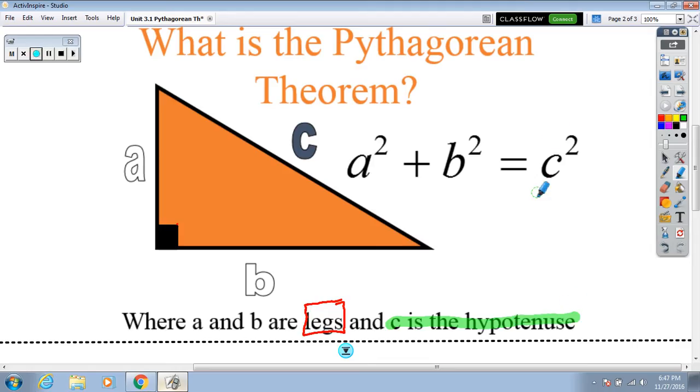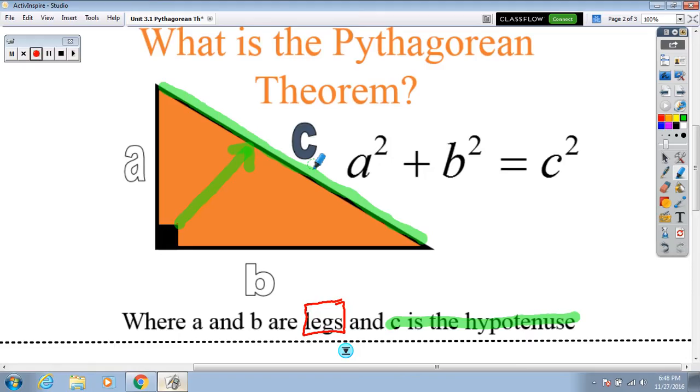And an easy way to determine which side is the hypotenuse, remember we used this when we did hypotenuse leg and we were proving two triangles congruent. The hypotenuse is always directly across from your right angle. So if you follow your right angle and draw a line from it, the side that is the diagonal side is always your C. Okay? Notice A is straight up, B is straight across, C is diagonal.